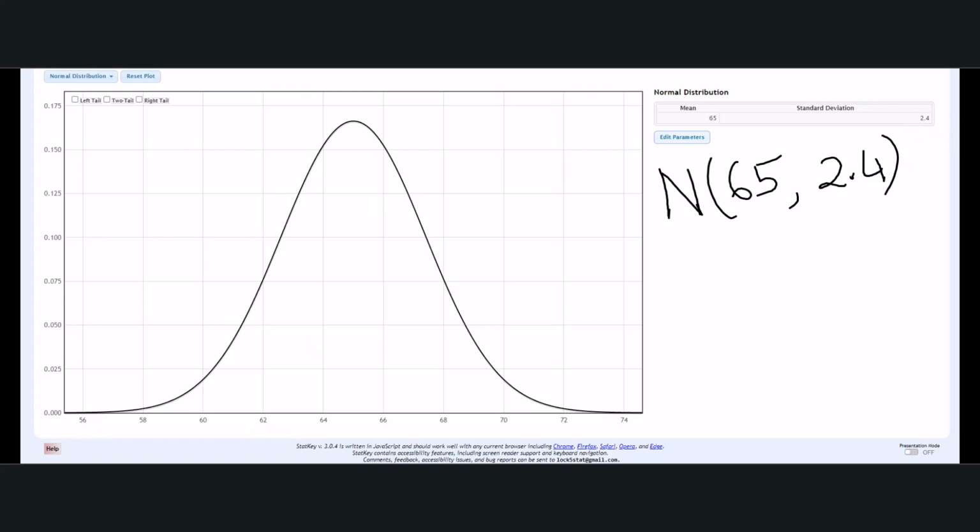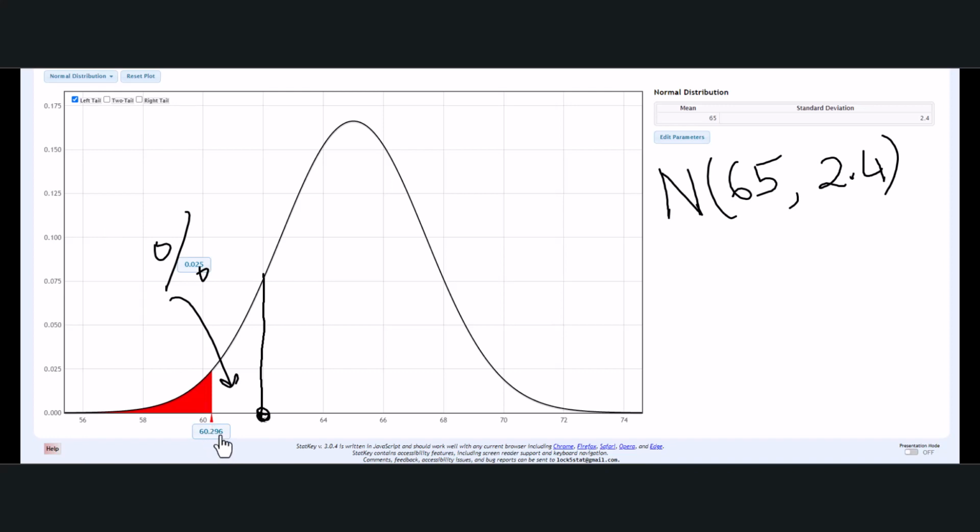Now what we would like to see is what percentage of the bottles are below this value of 62 drops. So what I want to do here is calculate the left tail, the tail to the left of this. So I'll click on the left tail, and here it's giving me this value.